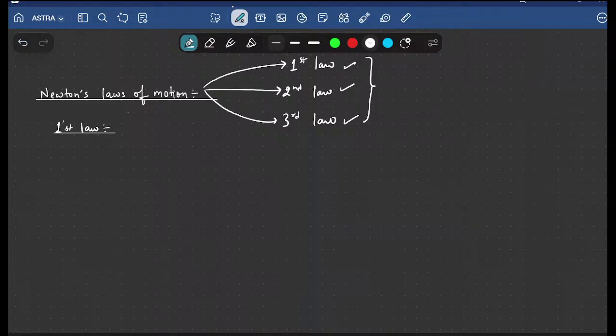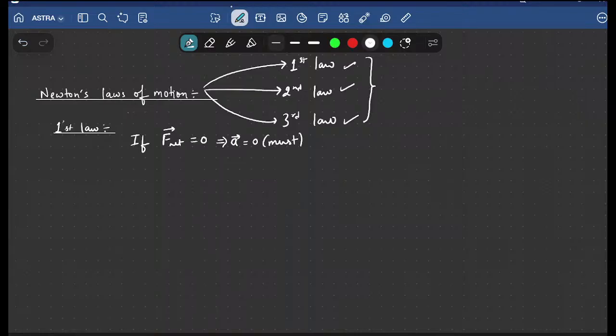According to Newton's first law, if the net force on a body is zero, then acceleration must be zero. It is a must. So if the net force on a body is zero, then acceleration must be zero.